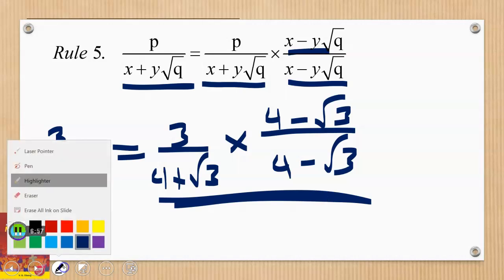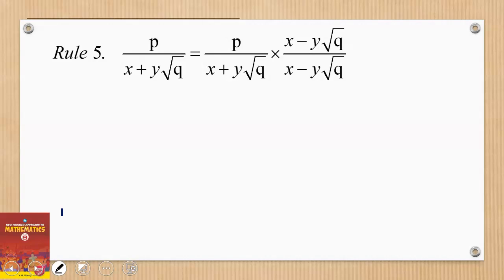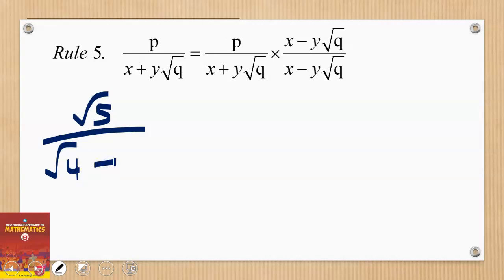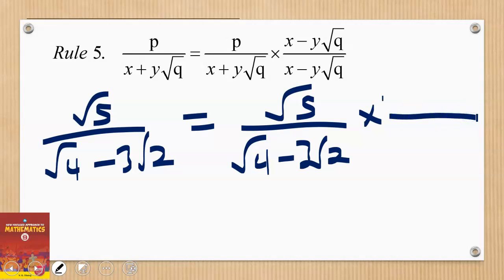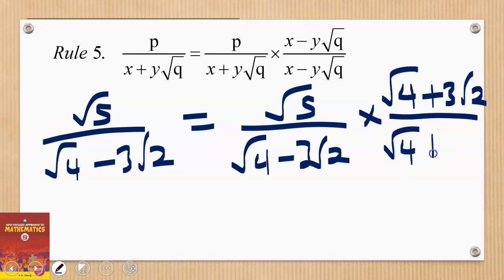Okay, let me give you another example. Say I have root of 5 over 4 minus 3 root 2. I'll multiply both the numerator and denominator by the conjugate, 4 plus 3 root 2 over 4 plus 3 root 2. Then I simplify. When I simplify, that becomes the result.